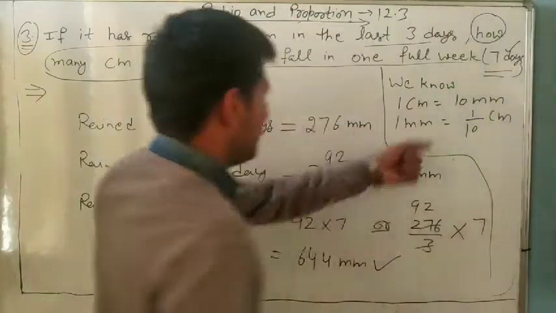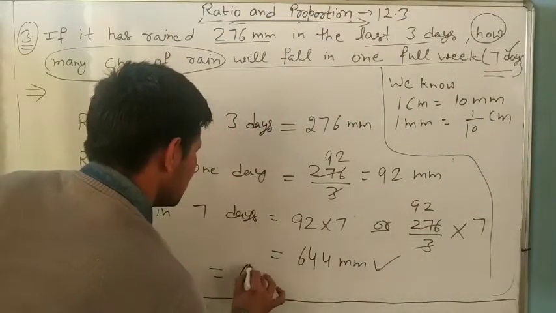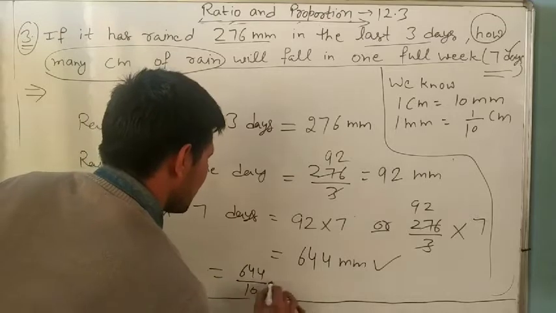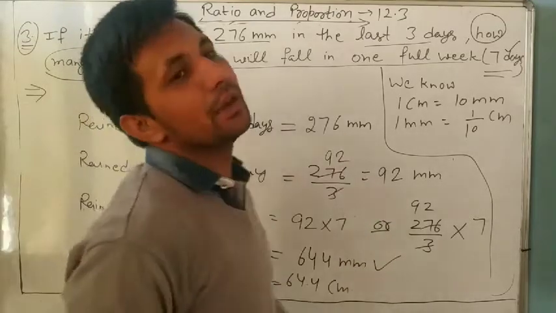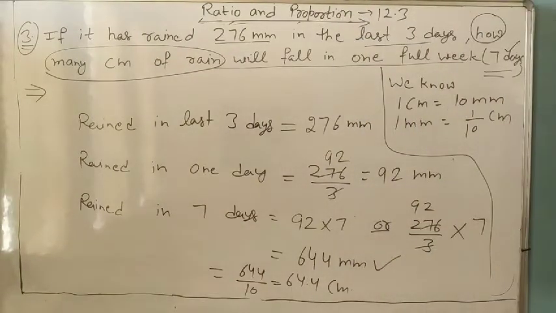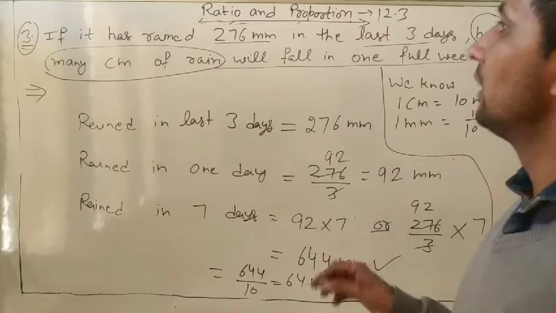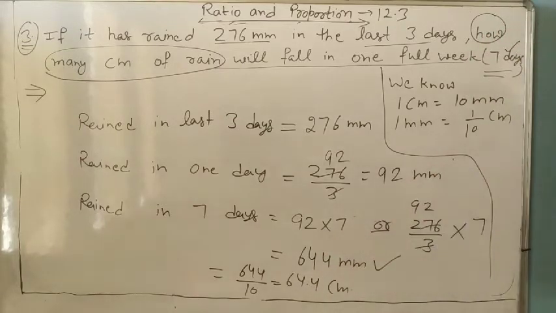So it means we will divide by 10. So 644 divided by 10. How much? 64.4 centimeter. It is your answer. We already learned this in the decimal chapter, how we change it. Okay, it is your answer. Understand? Very easy, isn't it? Okay.